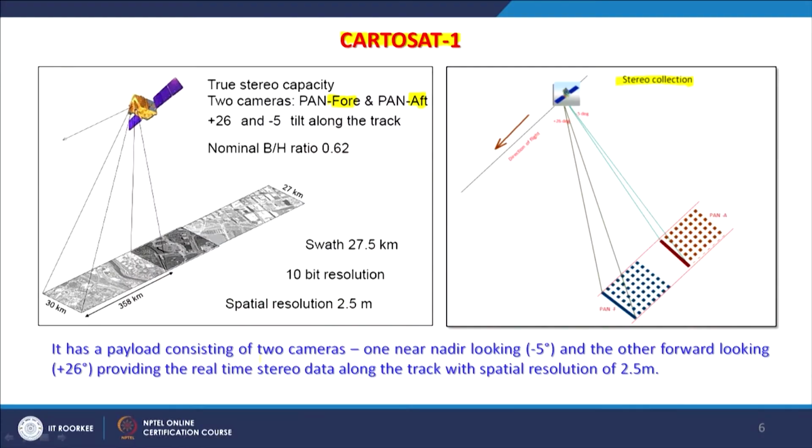So, they have employed two cameras, one near nadir looking, that is -5 degree, and the other forward looking, that is +26 degree, providing real time stereo data along track with a spatial resolution of 2.5 meters. The optical images may be of 2.5 meters, but when you generate a digital elevation model, you may not end up with the same spatial resolution.